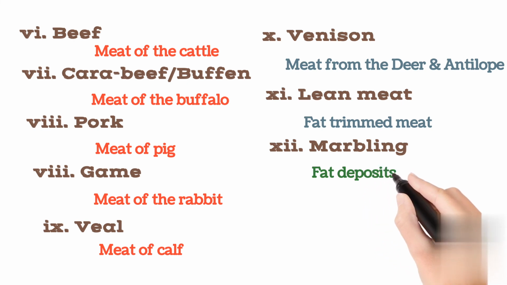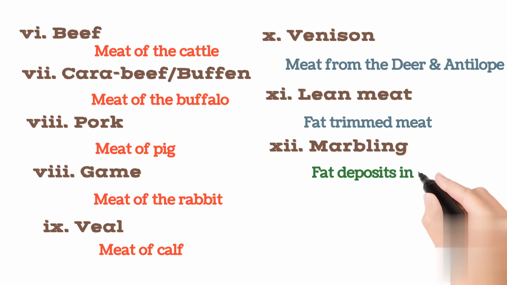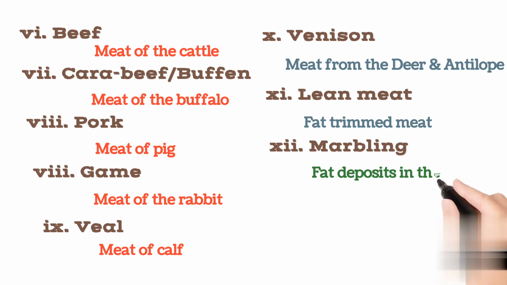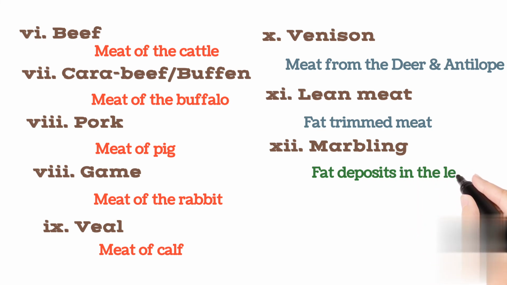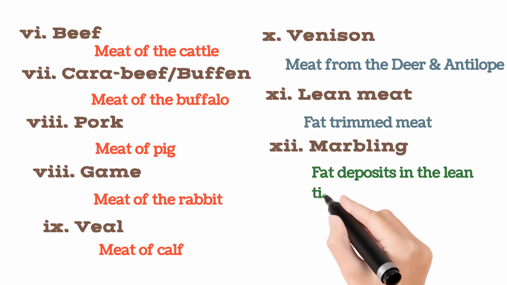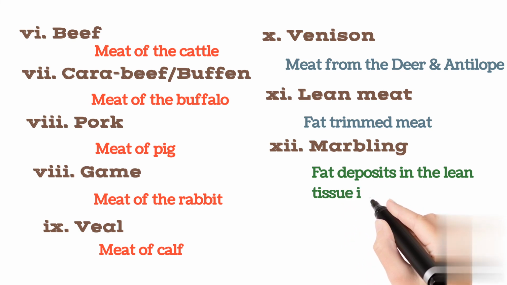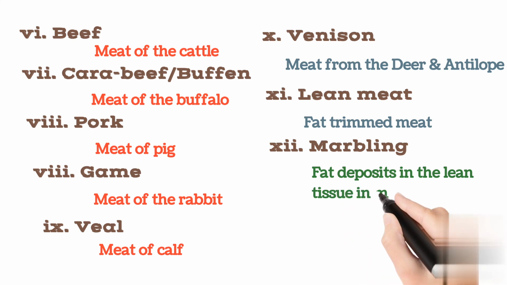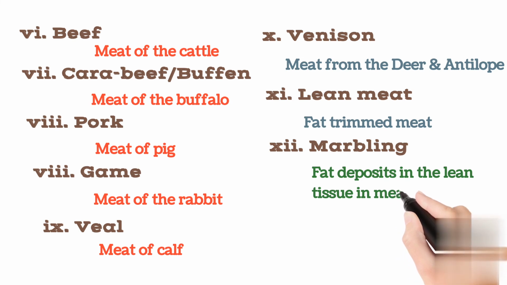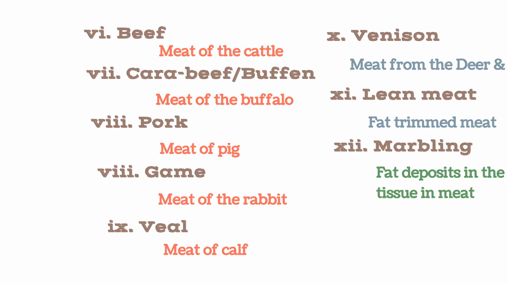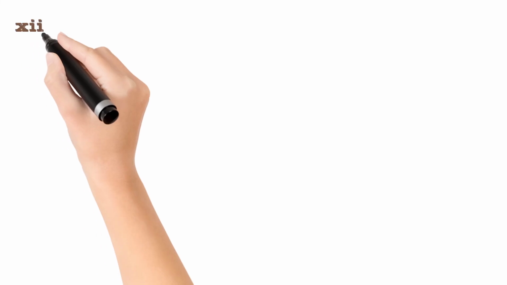What is lean meat? Besides red meat and white meat, there is lean meat. It is fat-trimmed meat from which the fat is removed. And marbling is the fat deposits in lean meat. Marbling rate varies from the meat of poultry and mutton to beef.